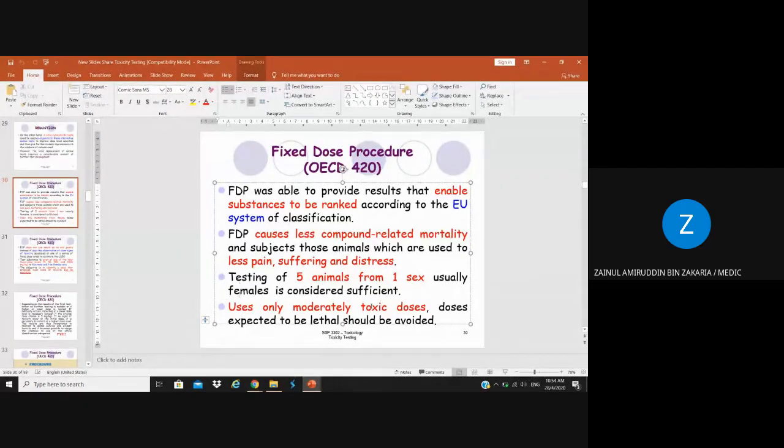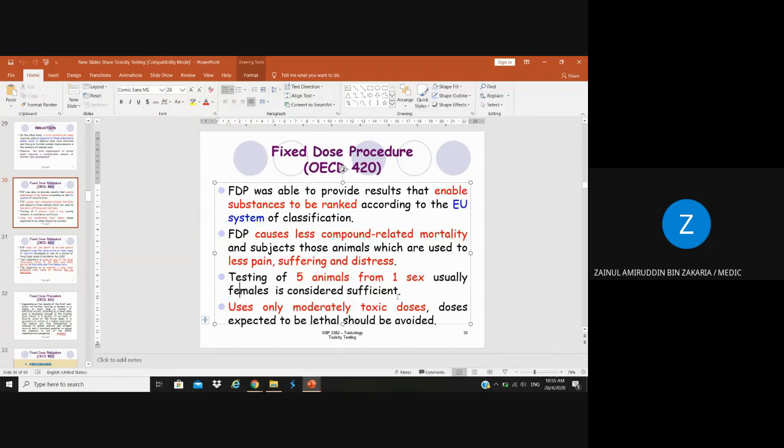So if you test and the dose did not cause lethality, but it caused moderate toxicity, like the list I gave to you, that is enough for you to conclude on your compound's toxic profile, whether it is toxic, at what dose, and at what dose it did not cause toxicity.